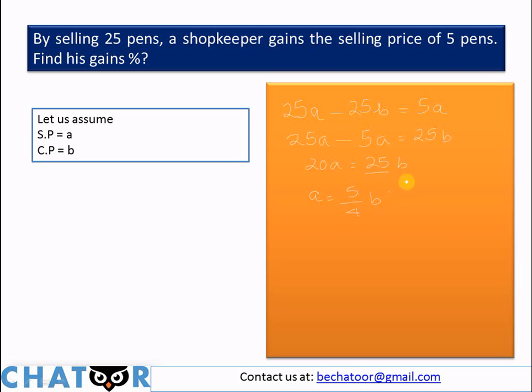Now gain percent, I've been consistently speaking about it, so by now you would know, is SP minus CP upon CP into 100, and that is A minus B upon B into 100.